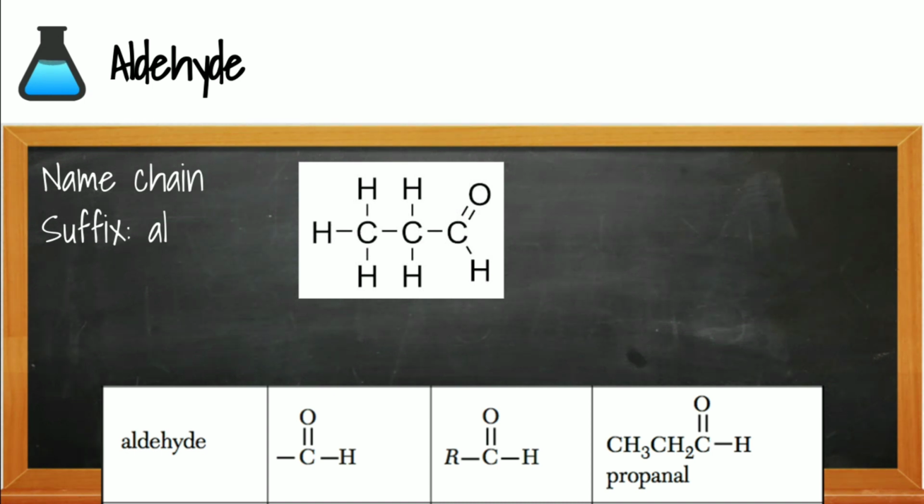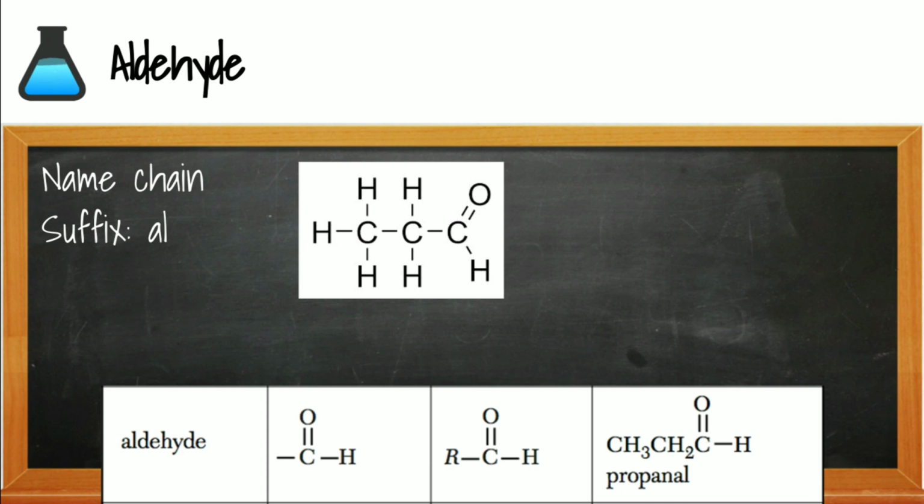So let's look at aldehydes. You might have heard of formaldehyde. It's a very popular aldehyde used in the preservation of living specimens. The example that they give us here on the Regents is propanal, and we know the prefix prop means 3 carbons, and the suffix al means that it's an aldehyde.